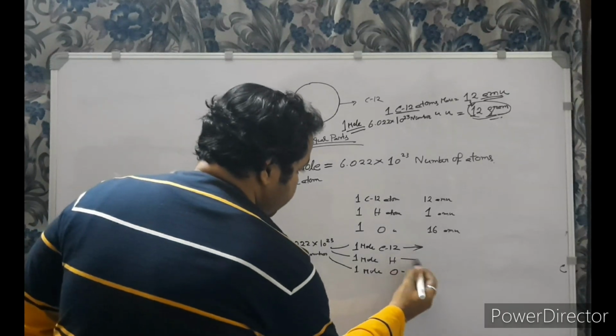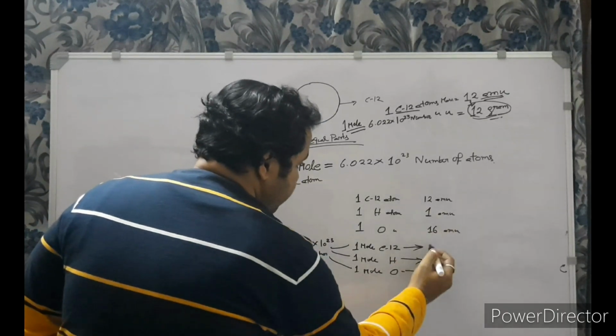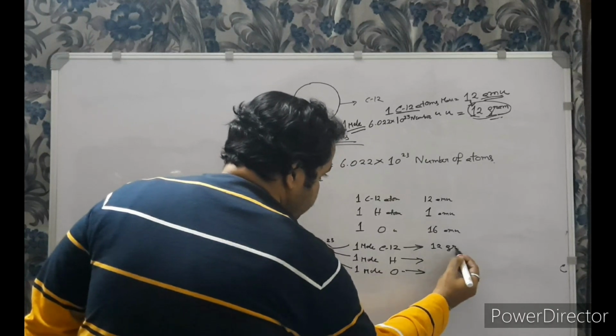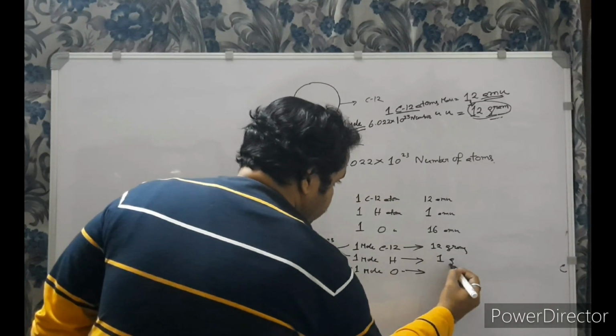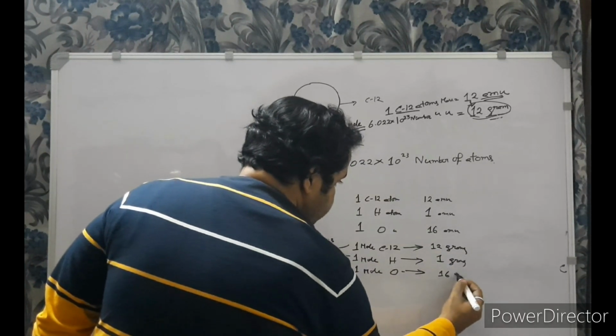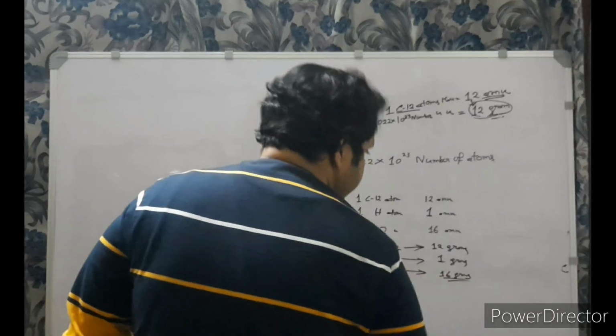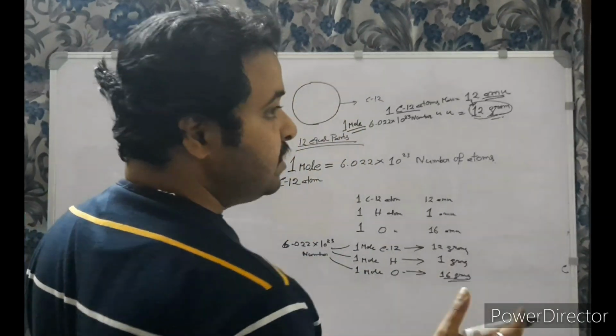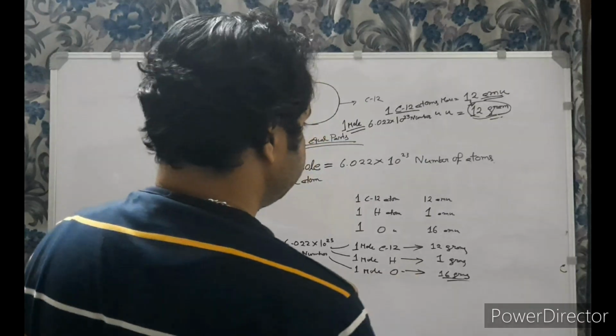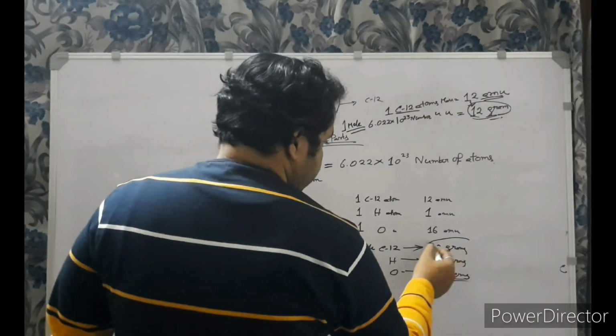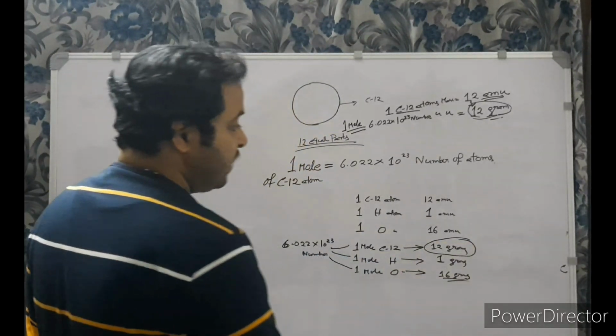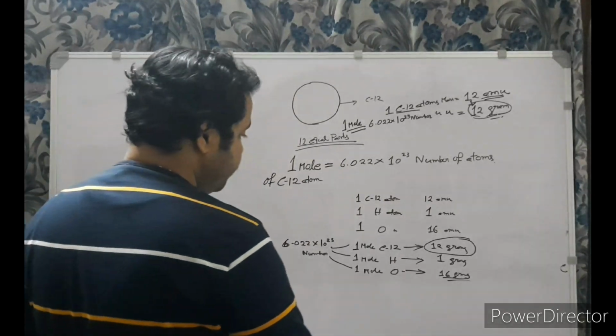It would generate the same numerical value of grams, 12 grams, 1 gram, 16 grams. So now it would be very easy to measure the mass, as we have calculated the value in grams.